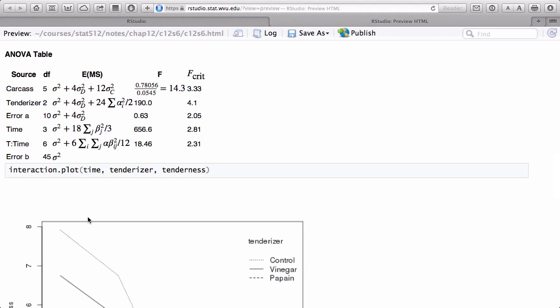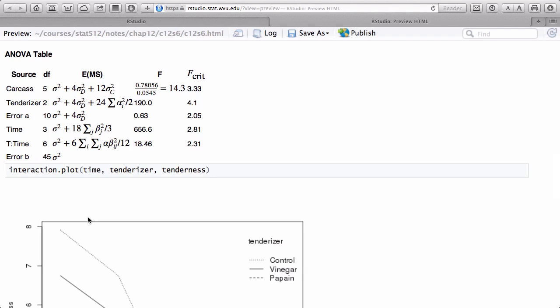And now we go down to the subplot or the split plot, and we see that for time, it's 18, the sum of the beta sub j squared over 3. And then we have the tenderizer by time, which is the alpha beta.